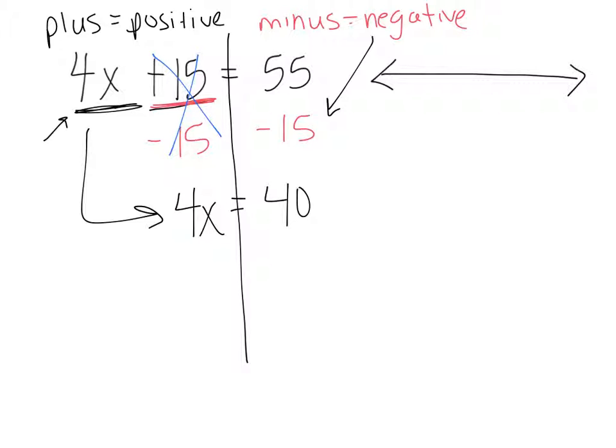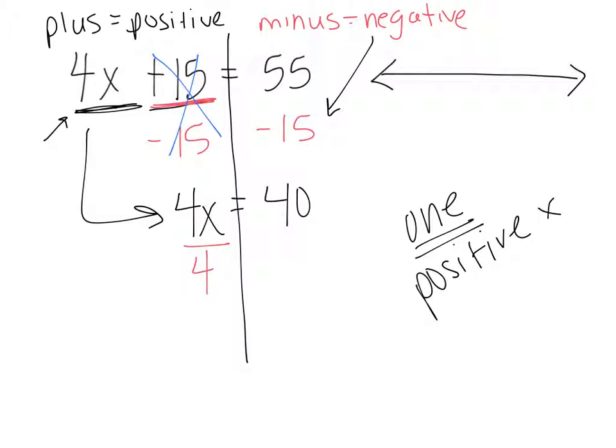Do not stop here. Remember, we always want one positive x value, and I have 4 here. So what I have to do to get rid of multiplication, so remember when a number and letter are right next to each other, it is multiplication. I undo that with division. So I'm going to show divide by 4.